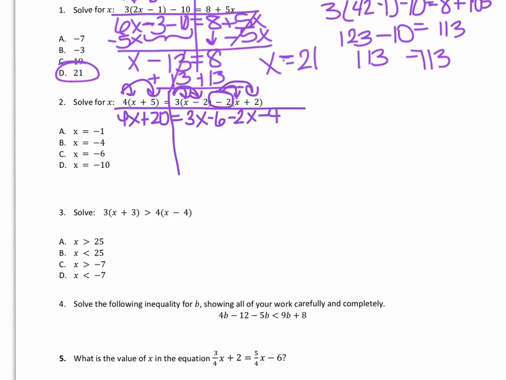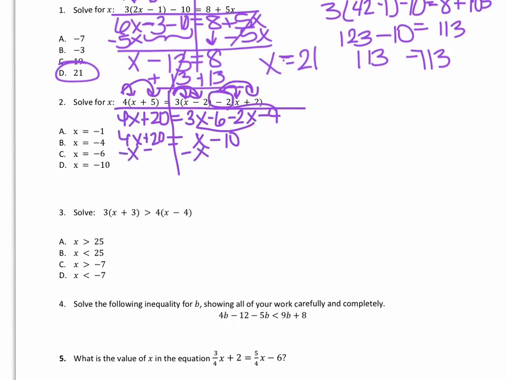So then I notice on the right I have a 3x and a 2x, which gives me 3x minus 2x, which gives me x. I have a negative 6 and a negative 4, which is negative 10. All that equals 4x plus 20. So next step, let's go ahead and try to keep the x's positive. So I'm going to minus x from both sides.